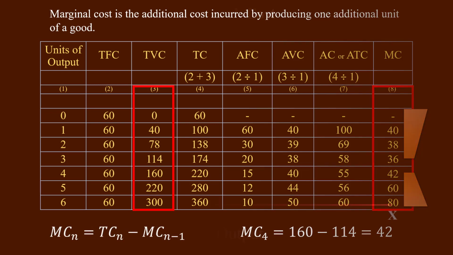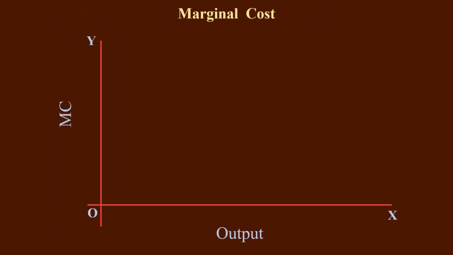Let us represent the marginal cost curve. MC is the marginal cost curve. The marginal cost curve is U-shaped. To begin with, the marginal cost curve falls because the total variable cost is increasing at a decreasing rate.